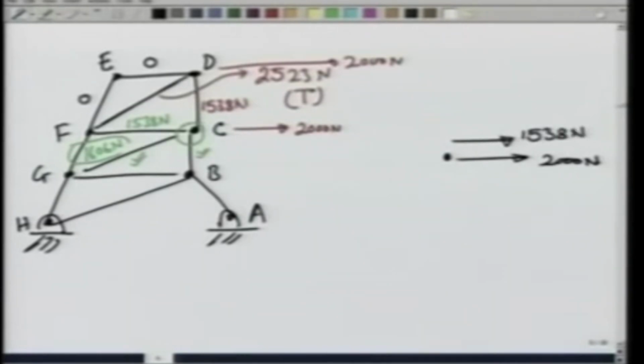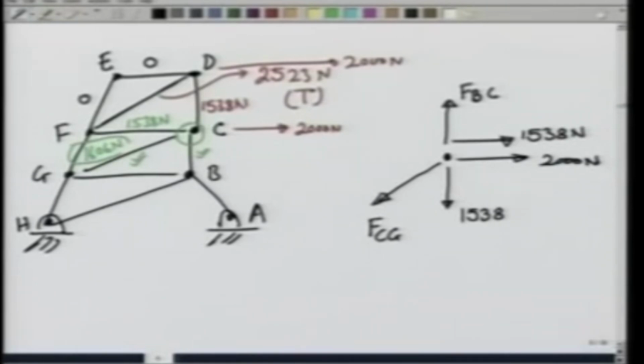Similarly, F_CD, which was pushing point D up, is going to push this point C down with 1538 newtons. Then in anticipation, we are going to have F_CG acting in this way and F_BC acting up.